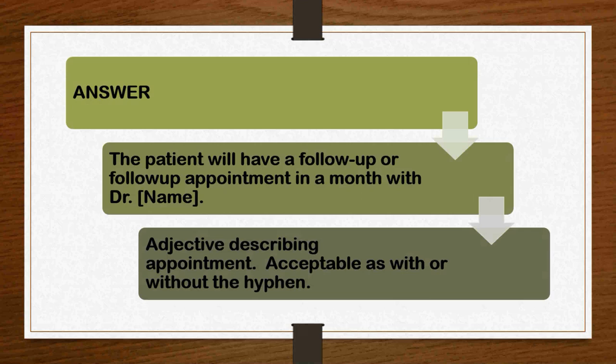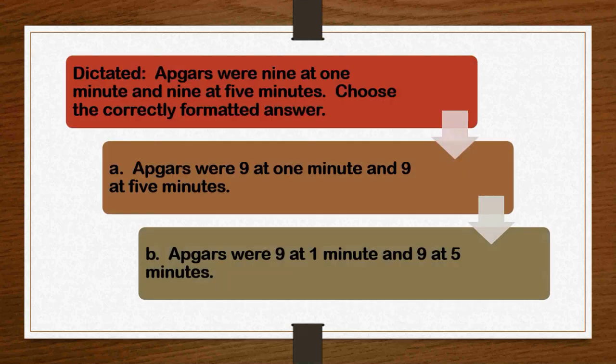It would be connected. Two words would not fit there. The patient will have an eat, does not work. A eat does not work. So just try to remember that articles come before nouns or an adjective describing a noun. So follow-up in this case is describing appointment, and it's being used as an adjective. So good job, everybody.